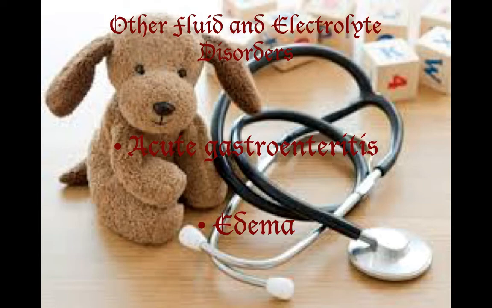If you want to look in your text at page 671, there's a table 21-8 that lists some of the pathogens that cause acute gastroenteritis. Briefly review your pathophysiology for this disease, and we will look at diagnosis, which is based on the history, physical exam, and laboratory studies focused on evaluating the child's hydration status and identifying the causative agent.